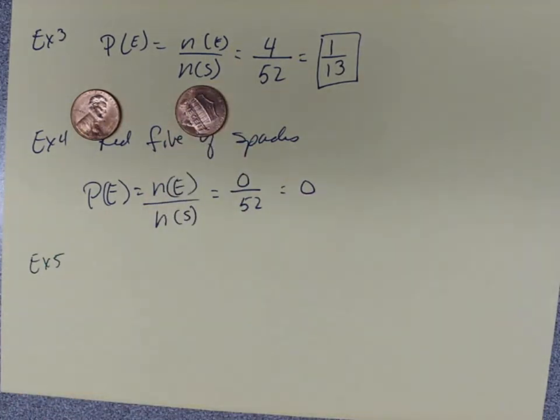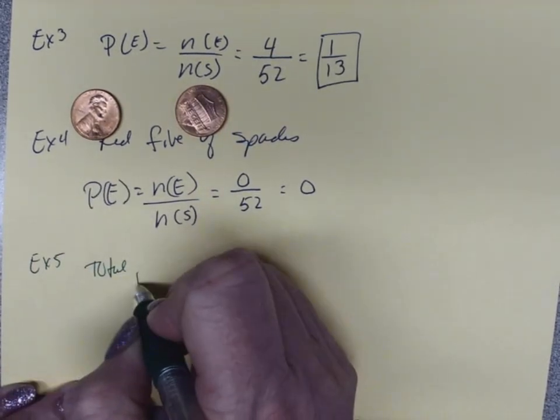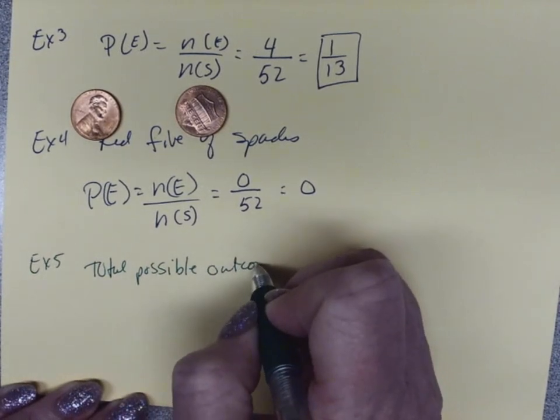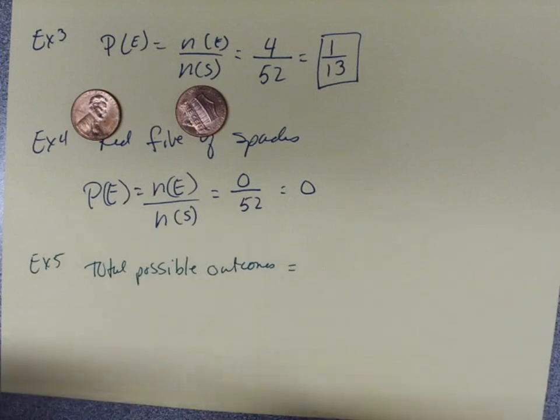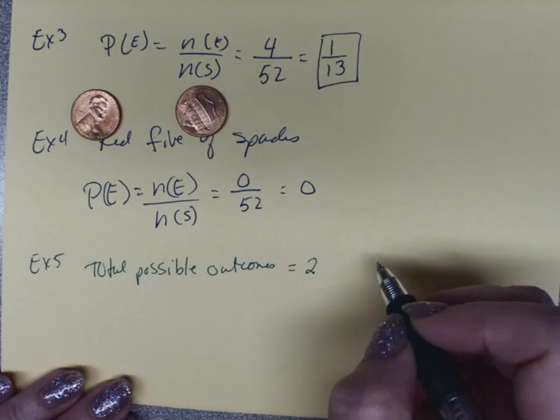But on this, because we're having 8 children, we have to figure it out. So the total possible outcomes will be equal to the amount of times it can happen. So there's 2 possibilities, and that happens 8 times.